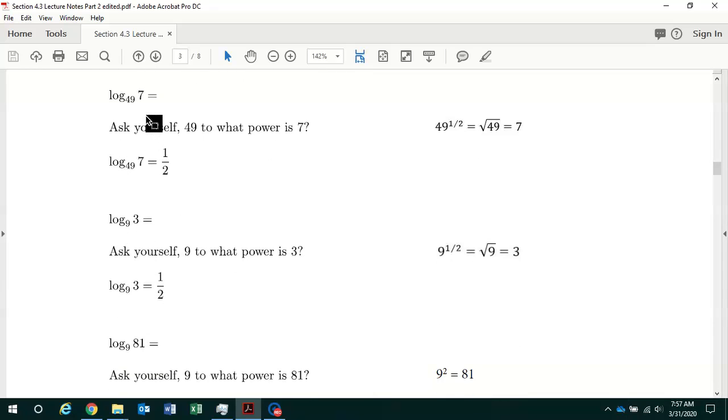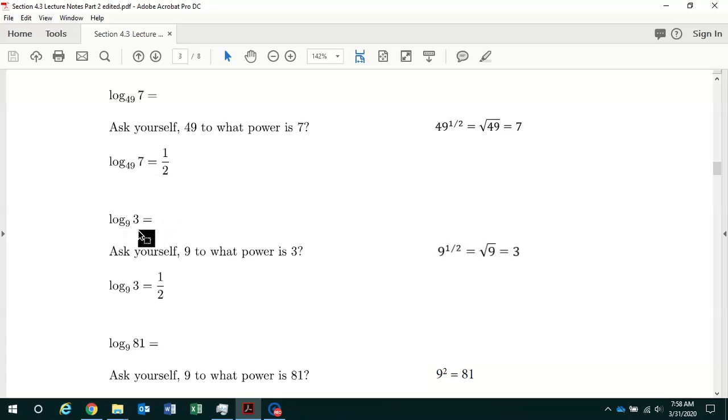What's log base 49 of 7 equal to? Well, we know that the square root of 49 is equal to 7, and the square root of 49 written with a rational exponent is 49 to the 1/2 power. So 49 to the 1/2 power is equal to 7. So log base 49 of 7 is equal to 1/2. 49 raised to the 1/2 power is equal to 7.